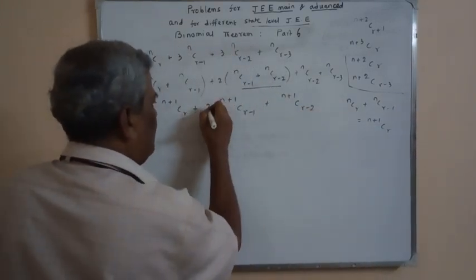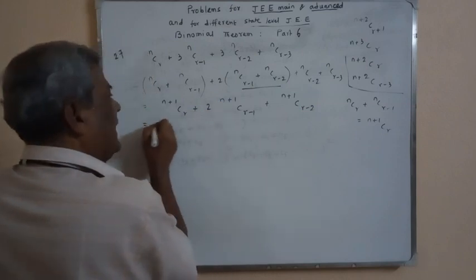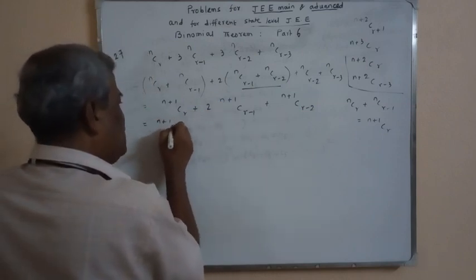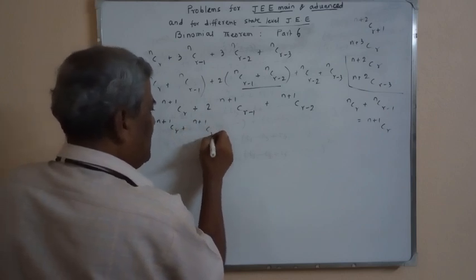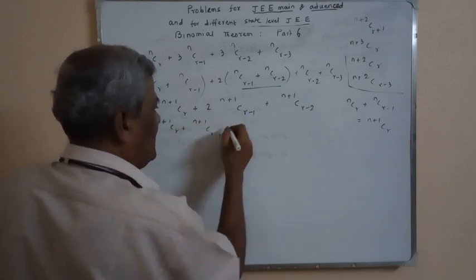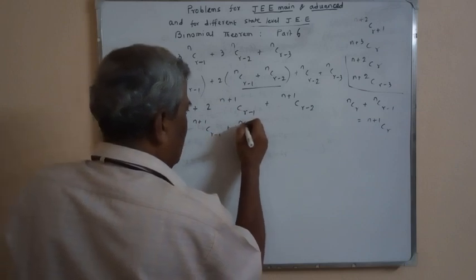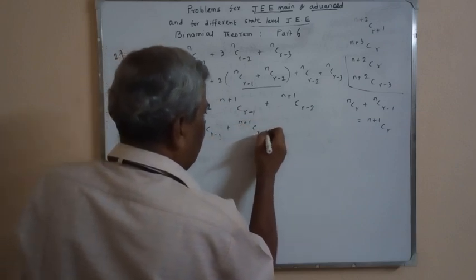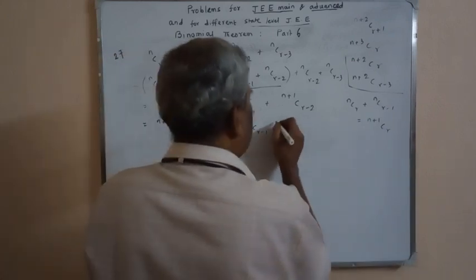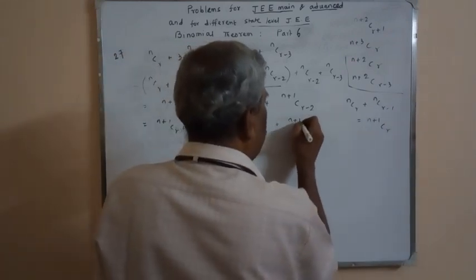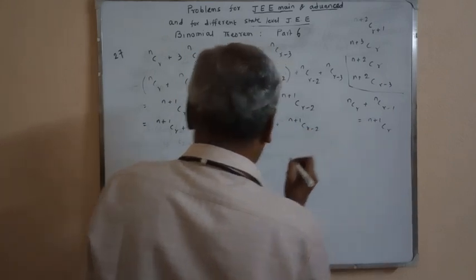This 2 is there. Now this can be written as (n plus 1)Cr plus (n plus 1)C(r minus 1), I have taken 1, plus (n plus 1)C(r minus 1). So together it is 2 of that plus (n plus 1)C(r minus 2).